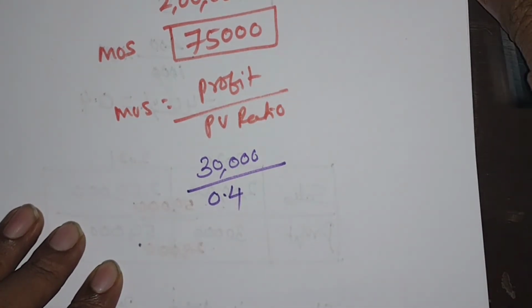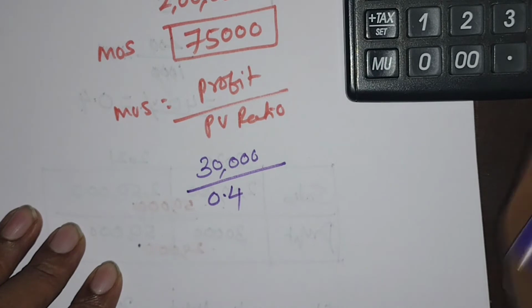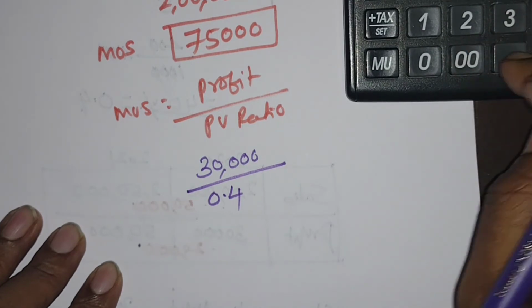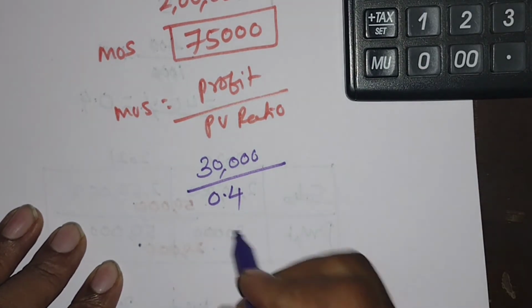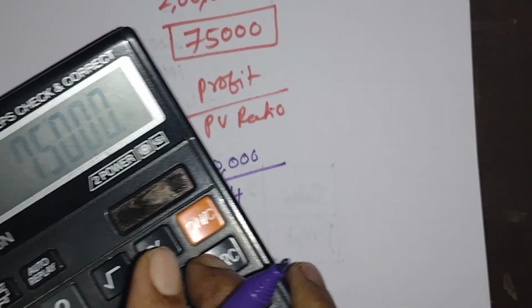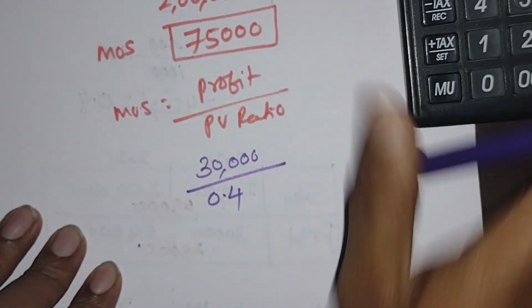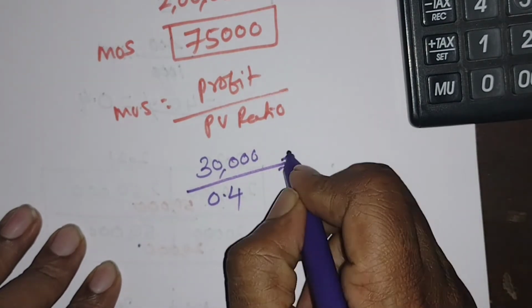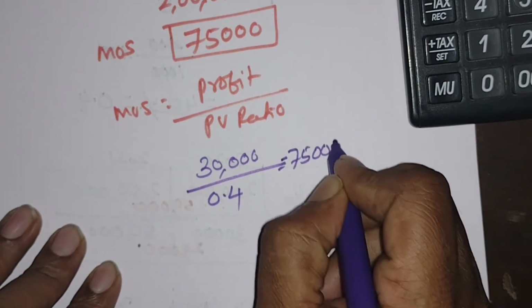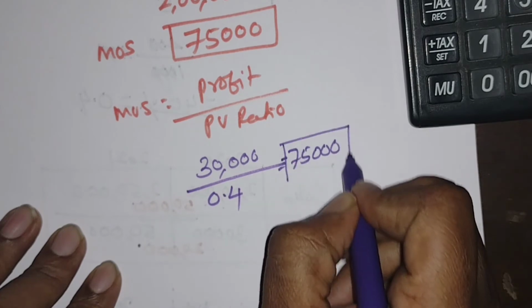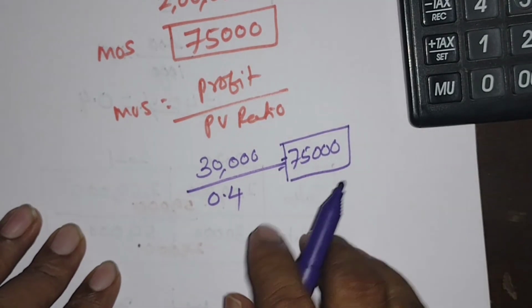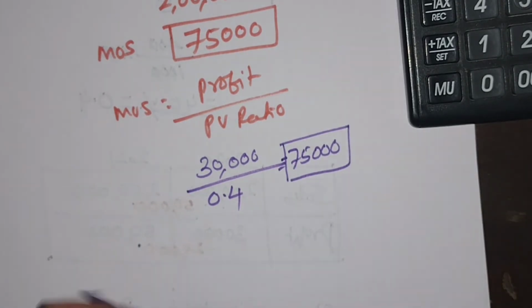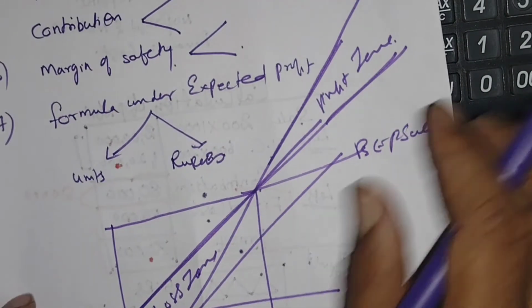So 30,000 divided by 0.4 is equal to 75,000, the same as the margin of safety. So margin of safety has two different formulas.